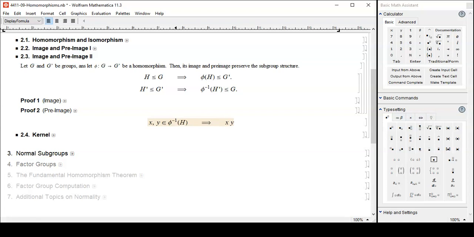X times y belong to preimage of H prime, excuse me, I forgot prime there.